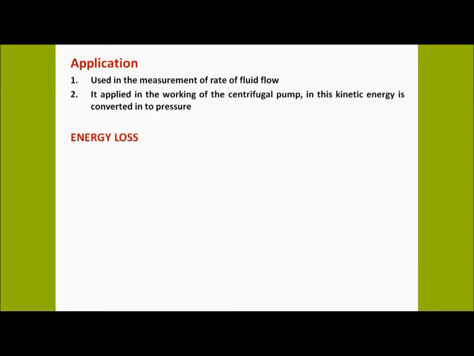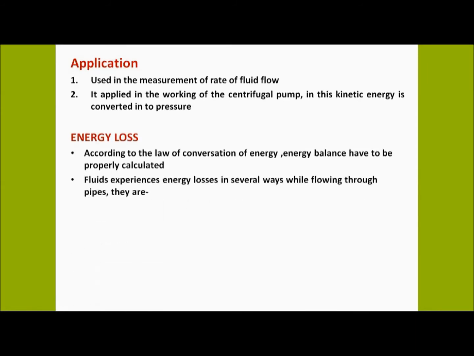So there are different types of energy losses in fluid flow. According to the law of conservation of energy, the energy balance has to be properly calculated, right? Because some form of energy will get converted into some other form. So basically the fluid experiences energy losses of 4 basic types when it flows through a pipe.